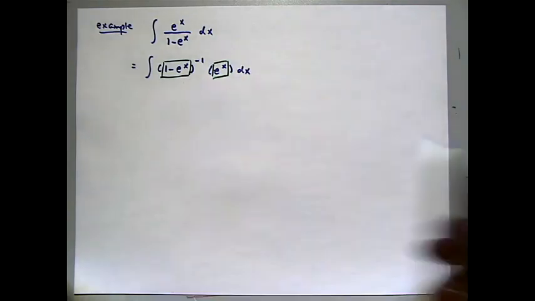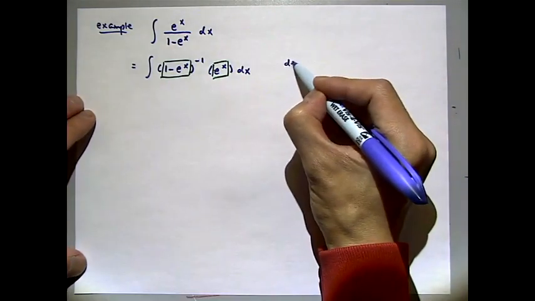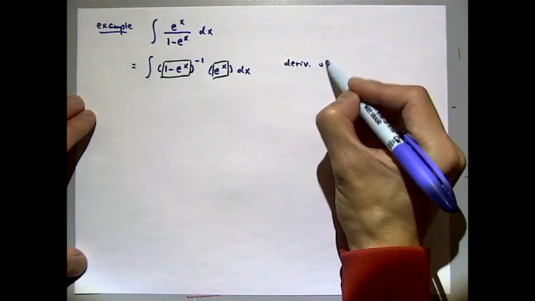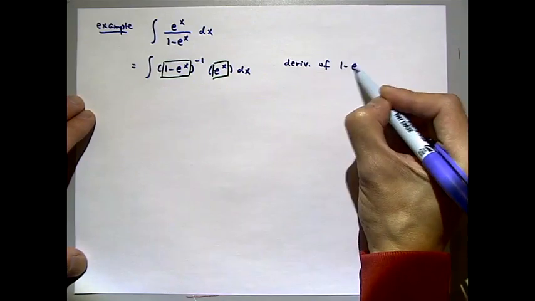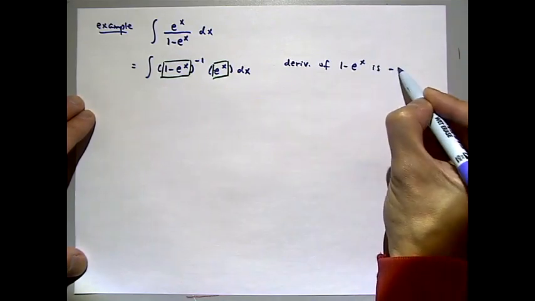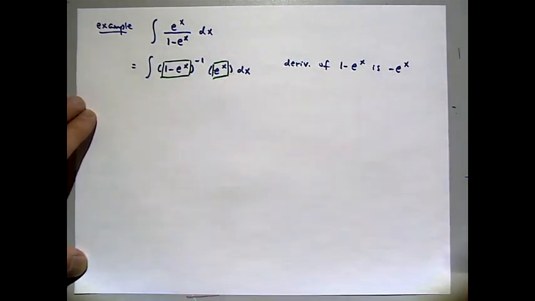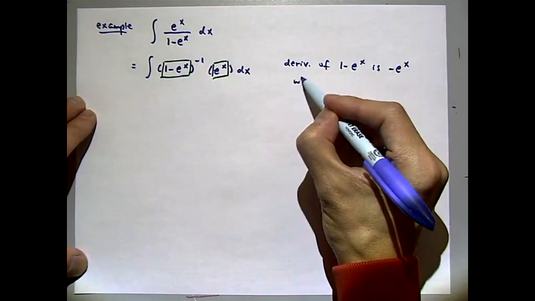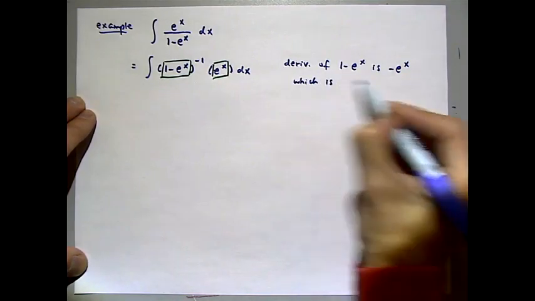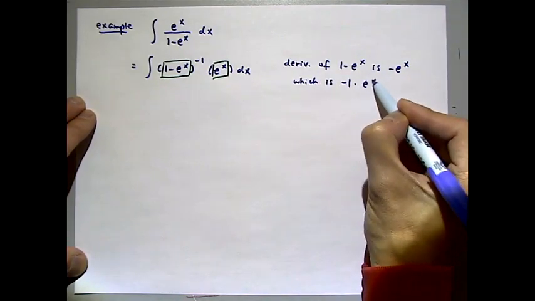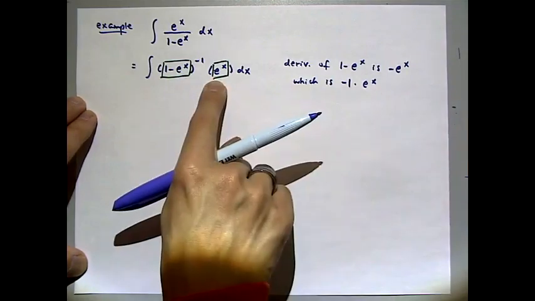And looking at these two here, we know derivative of 1 minus e to the x is minus e to the x, which is minus 1 times that. Right? That's what I got.